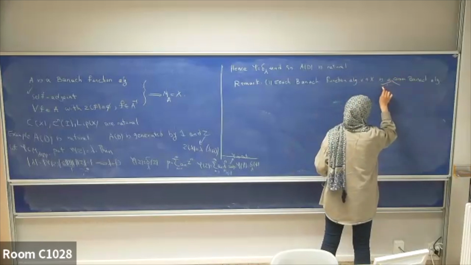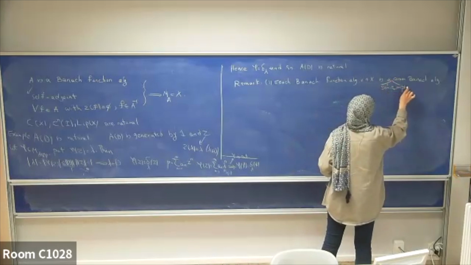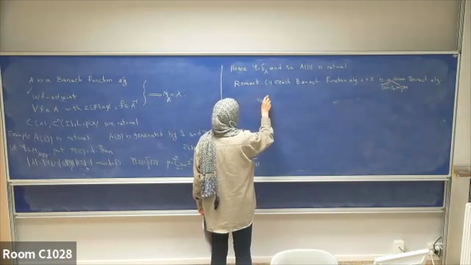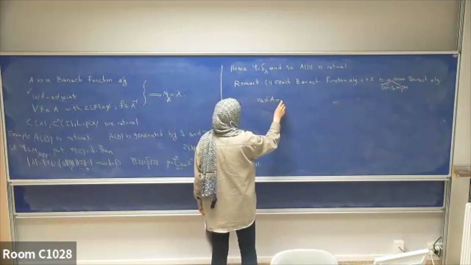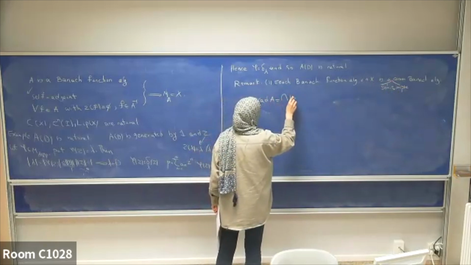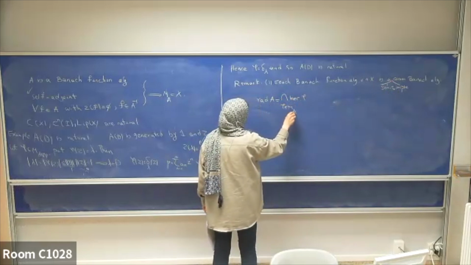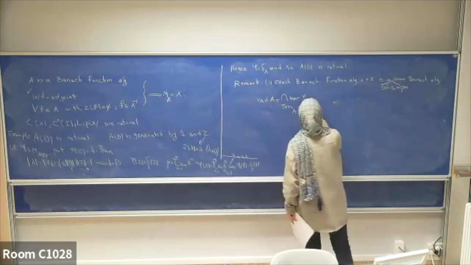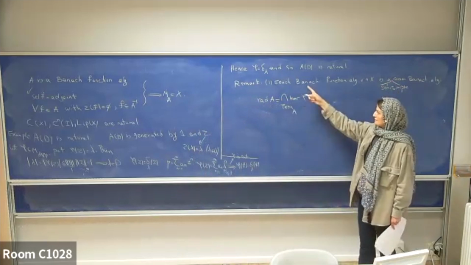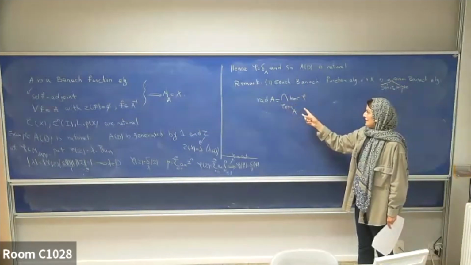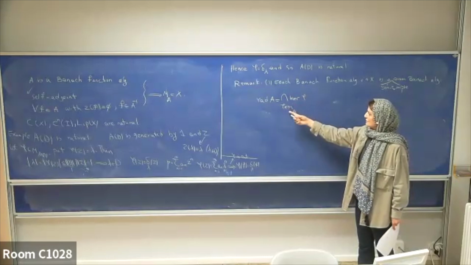I forgot to write semi-simple. It is semi-simple because of the radical of A. We know that the radical is the intersection of the kernels of phi, being maximal ideals of A, but the evaluation homomorphisms are also in M of A, and maybe we have other elements here.